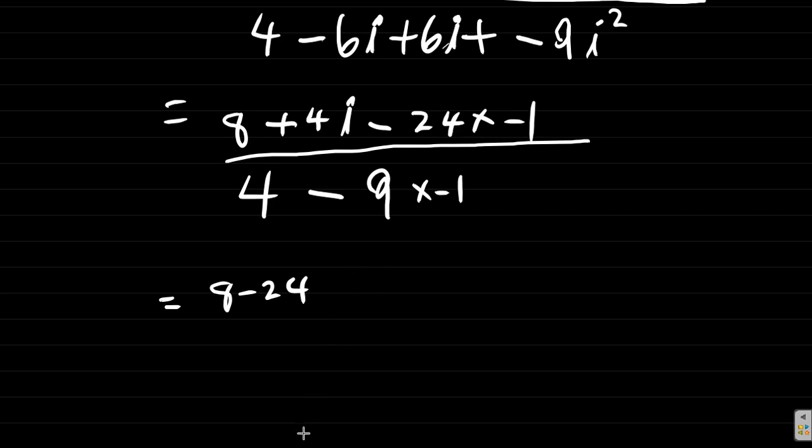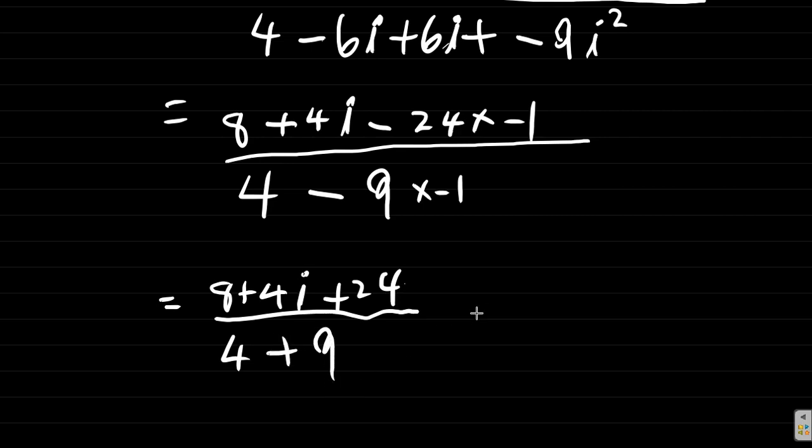Alright? Oh, minus negative. Alright, let's write it as it is. Plus 4i, minus 24 times negative 1 is plus 24, over, what happened here now? 4 minus negative 9 is plus 9.